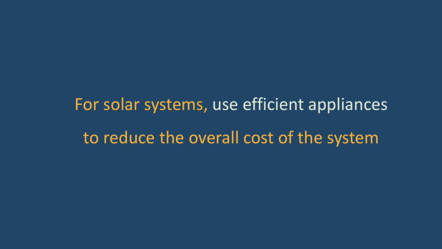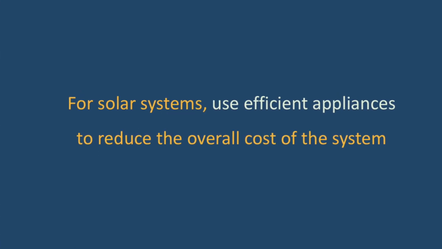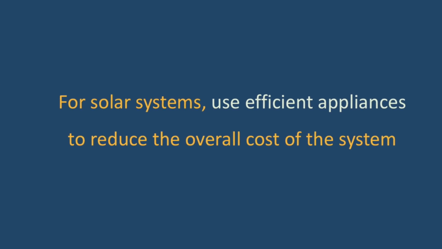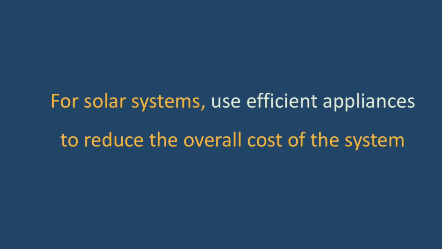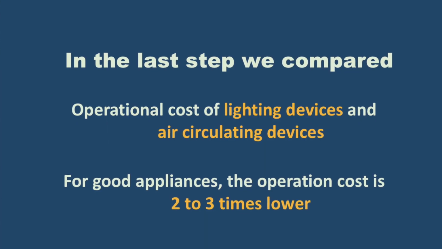So when it comes to solar, it is very important that we use a device which requires less energy in order to reduce the overall cost of the system. In fact, in general also in our life, even if you are not using solar, it is very essential that we get the job done of fan, TV and washing machine and electronics with lower energy consumption. Last time I compared two categories of devices.